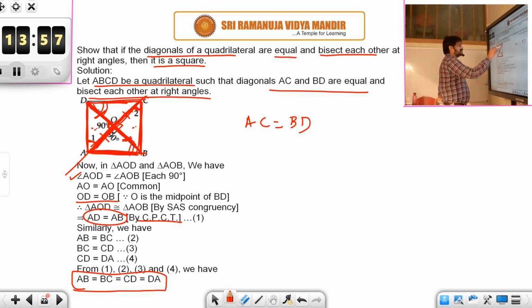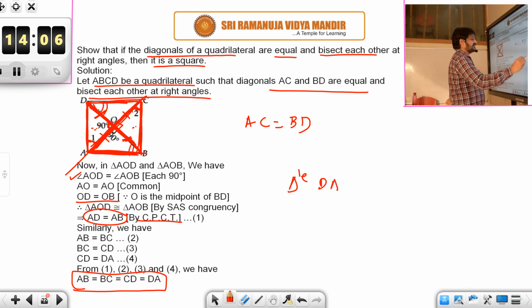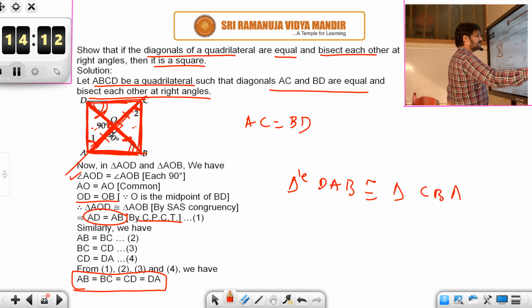And the sides are equal. So using side congruence, we could say that triangle DAB is congruent to triangle CBA.